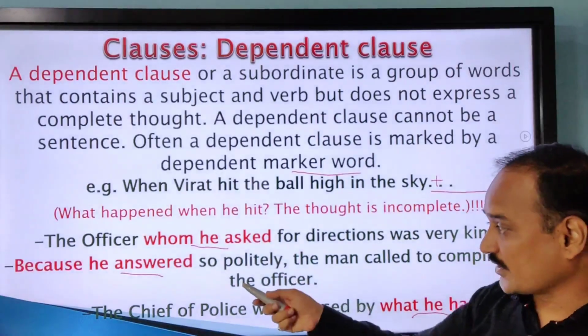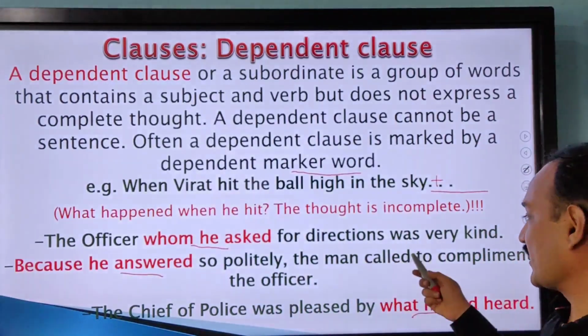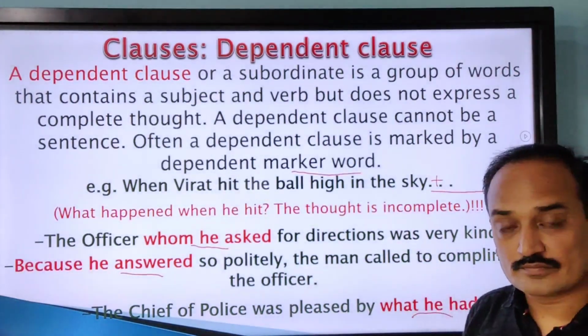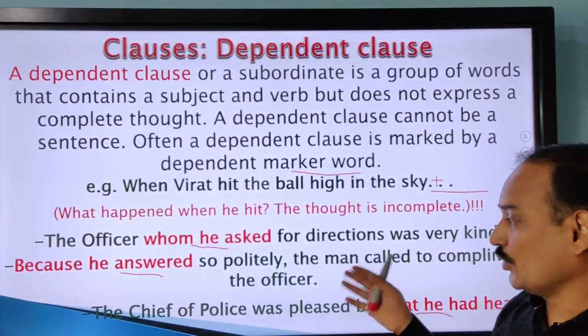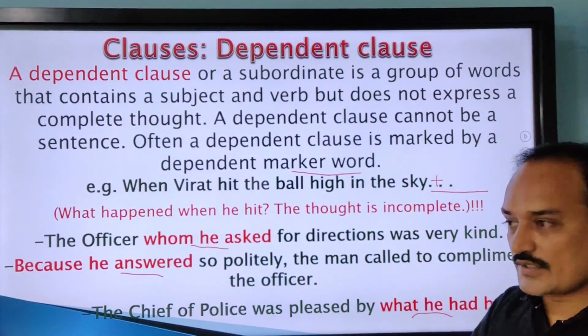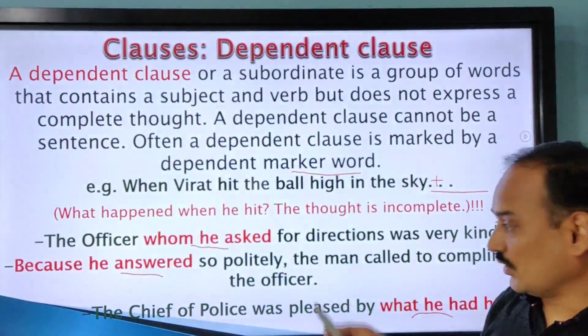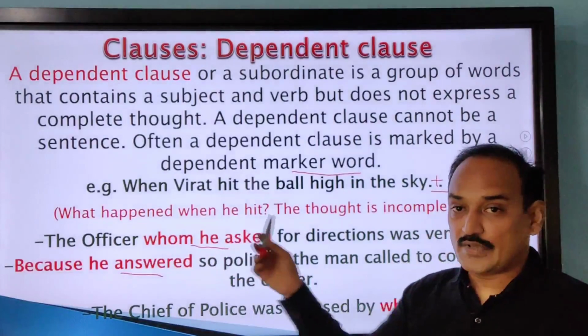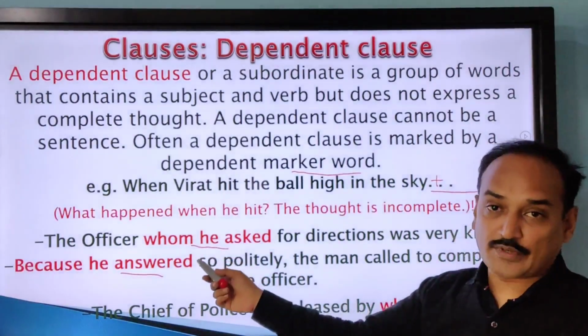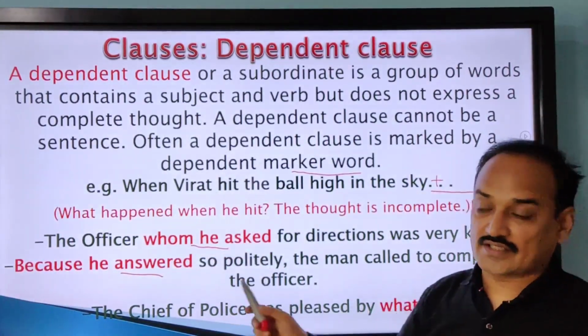Nothing. The officer whom he asked for directions was very kind. The officer whom he asked, means it is pointing to the officer, for directions was very kind. When we speak this main clause, then only the dependent clause and its meaning get clear.